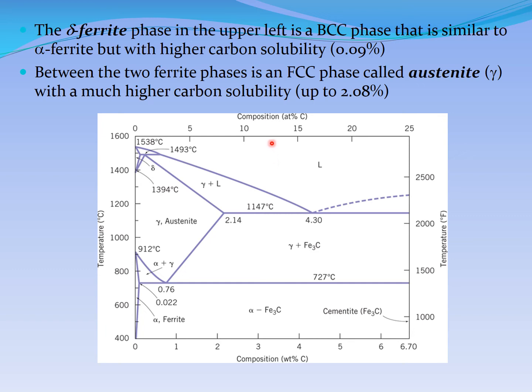If you are coming from here, liquid, gamma plus liquid, then when you hit this line, 1147, all the remaining liquid changes into gamma plus cementite. And when you cool it, all of that changes into alpha plus cementite, right? So lots of one region, another region, another region.